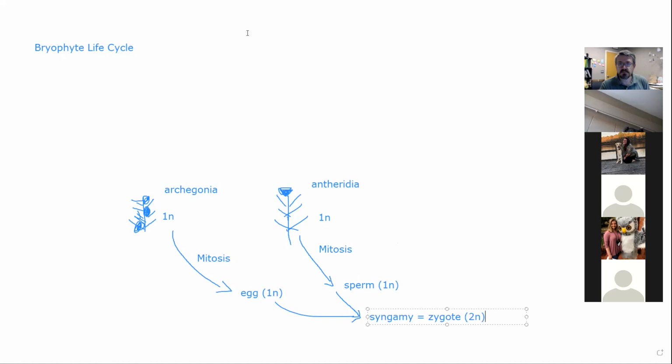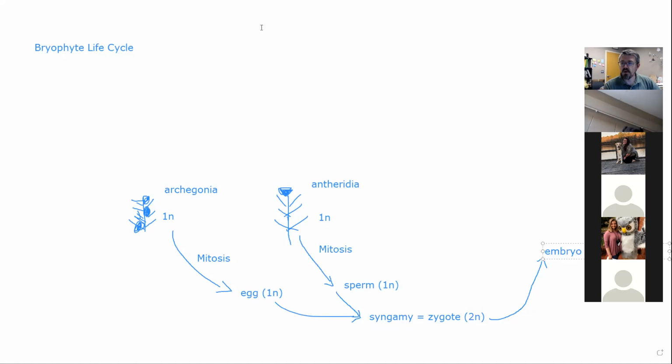This will go through the process to produce an embryo. I'm not going to try to draw an embryo. Embryo is going to still be 2N.